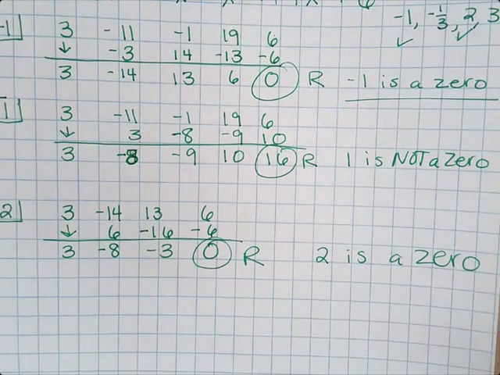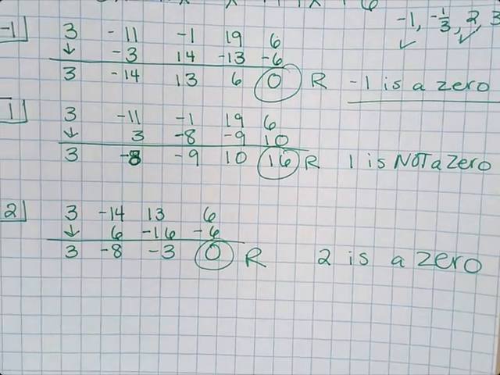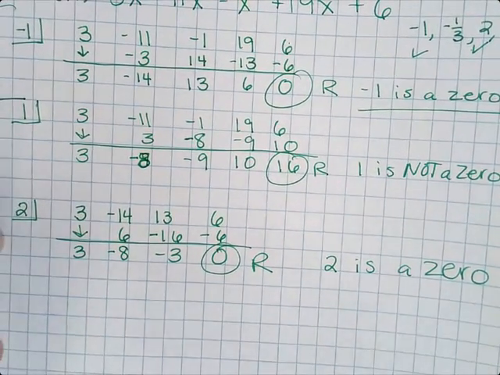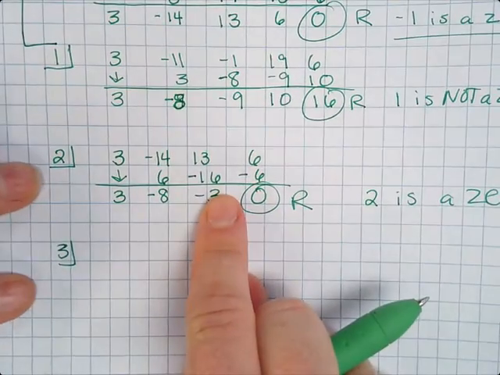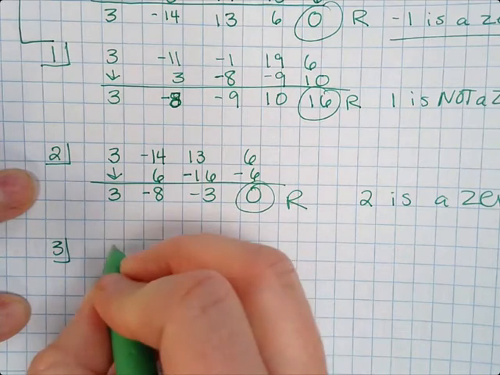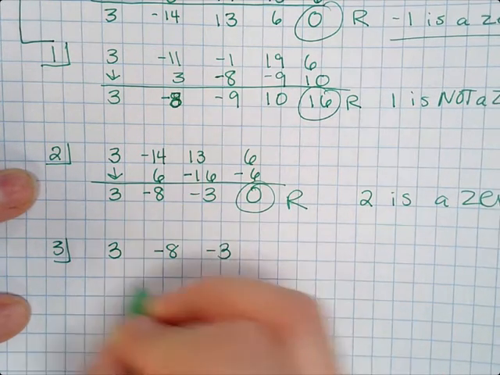So you might have to try ones in between if you didn't use your calculator to check them in the beginning. Then let's do 3, but we're going to use 3 with what we got here. So now it becomes an even smaller problem. So it'd be 3, -8, -3.